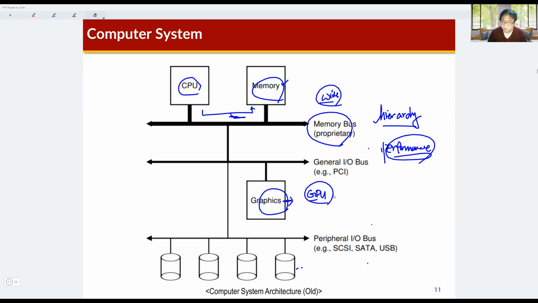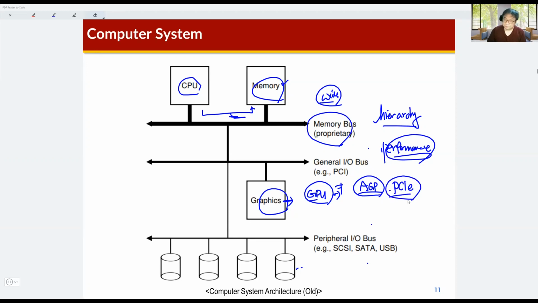How about the GPU? The GPU also requires very high bandwidth in the computer system. But in older generation computer systems, the GPU requires lower data bandwidth compared to the main memory. So that's why the GPU is connected to a specific port called AGP, or recently we use PCIe.